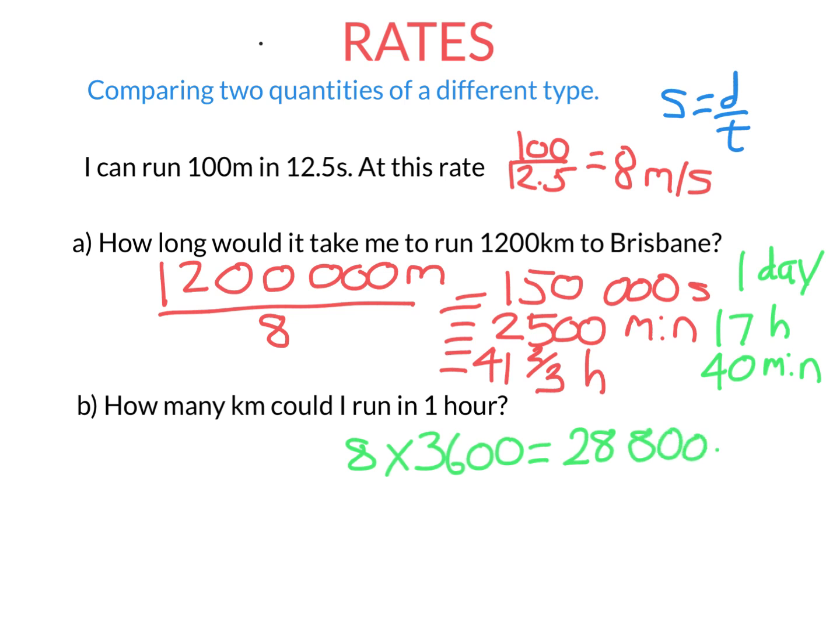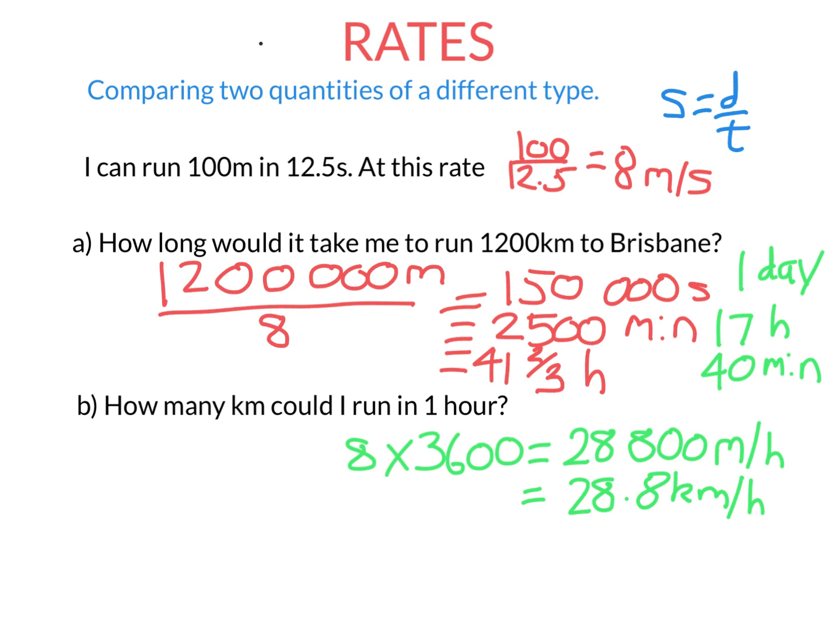And to convert that to kilometers, I just divide by 1,000. So what I've found here is that 8 meters per second, 100 meters in 12.5 seconds, is the same as 28.8 kilometers per hour. This speed means on average I'm running 28.8 kilometers each hour.